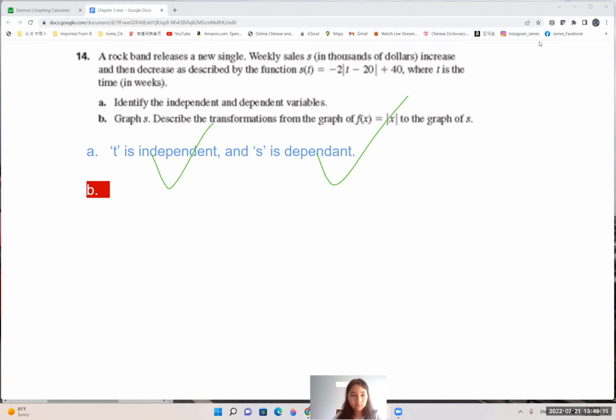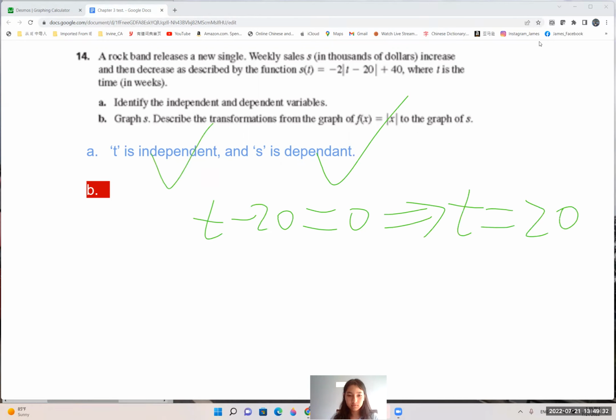B, graph S, describe the transformation from this to this. So again, we will not go to graph it again, right? Just find the vertex. Where is the vertex when t minus 20 equal to 0? That being said, when t equal to 20, right? Then the corresponding S of 20 equal to 40, right?